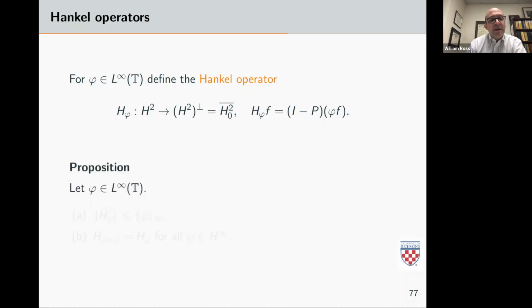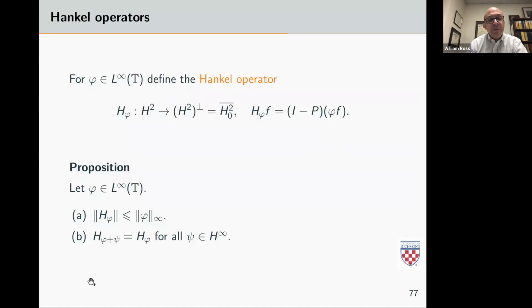All right, let me just talk about some very basic facts here. For an essentially bounded symbol, the norm of the Hankel operator is bounded above by the essential sup norm of phi. It usually is not equal to it. And that'll follow just by looking at the definition of a Hankel operator, and looking at what we did for Toeplitz operators.